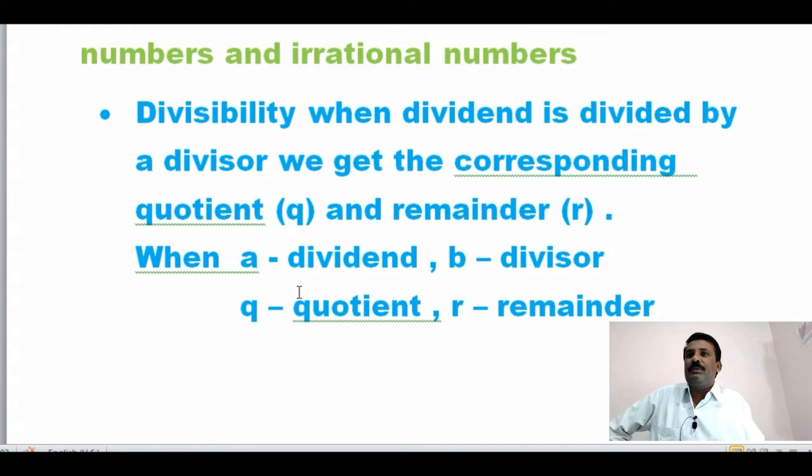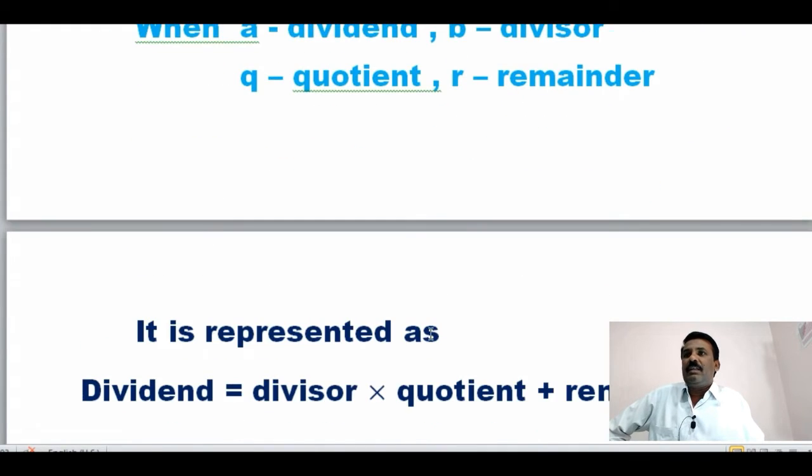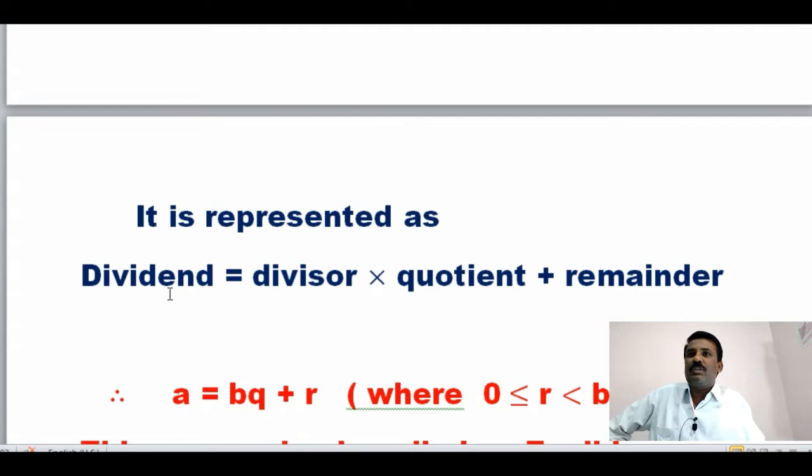Using all these four values, it is represented as dividend is equal to divisor into quotient plus remainder.